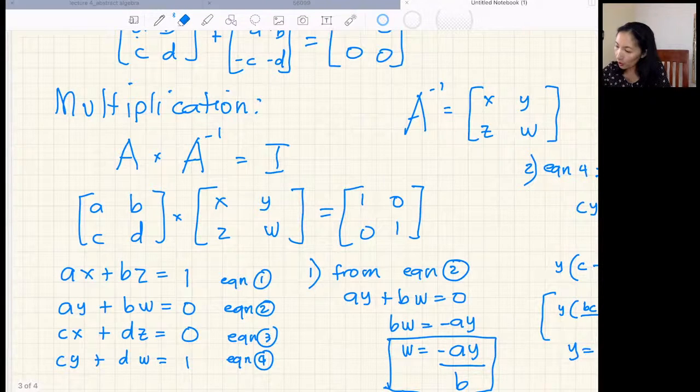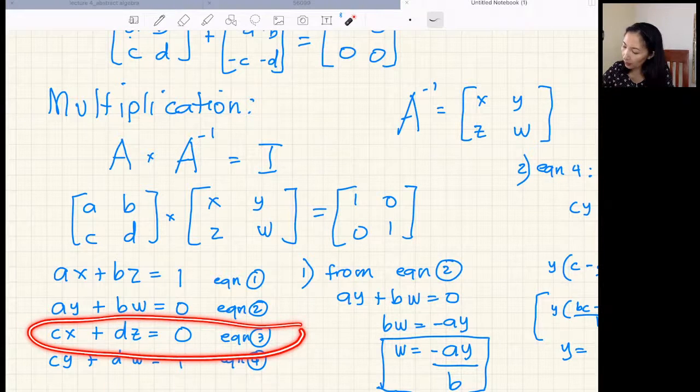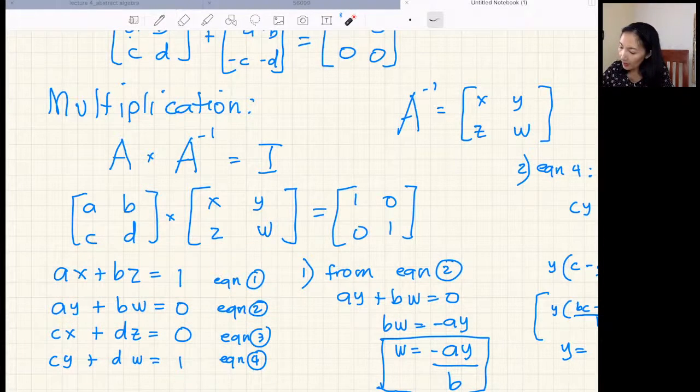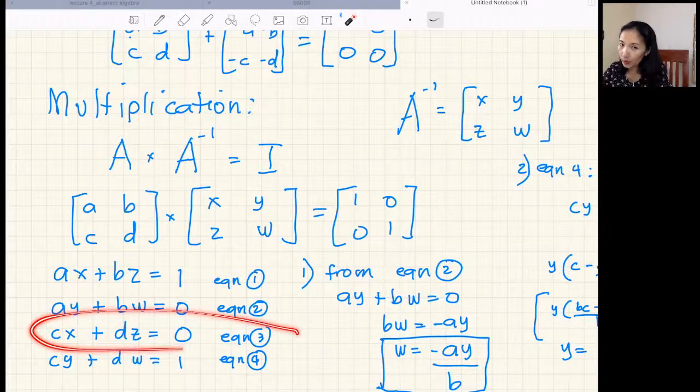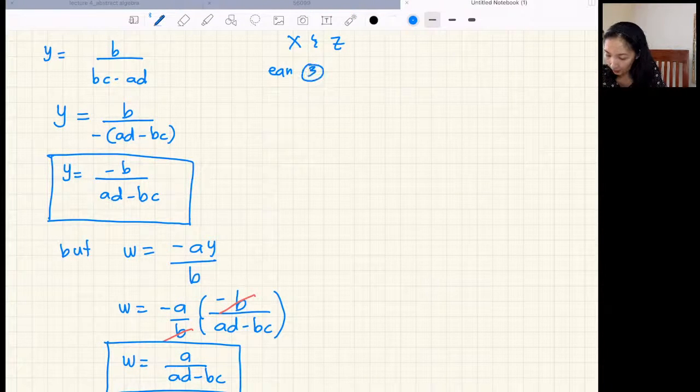May we use equation number 3 and equation number 1? Equation number 3 is this: CX plus DZ equal to 0. Let me copy. Equation number 3 is CX plus DZ is equal to 0.